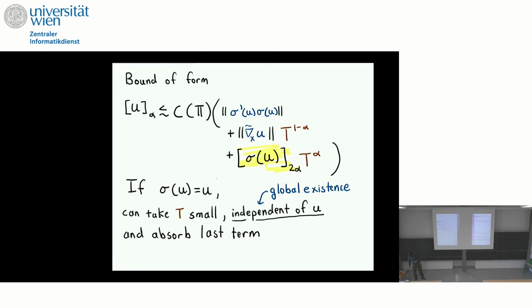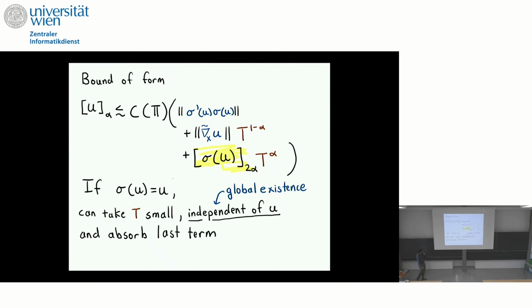So the observation here is that if sigma of u equals u, then I can actually take this last term, and for a small enough t, where the smallness does not depend on u, it really just depends on whatever combinatorial constants I have in the size of the noise, I can absorb this term onto the left-hand side.